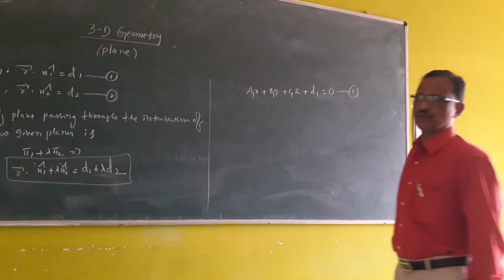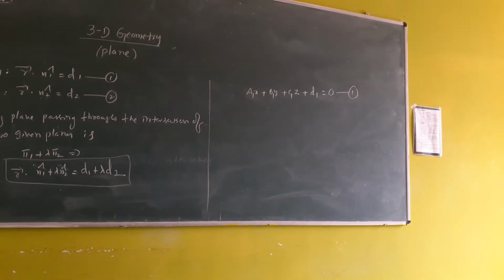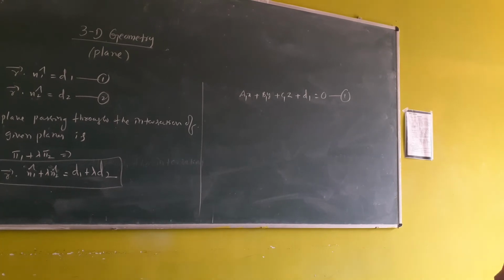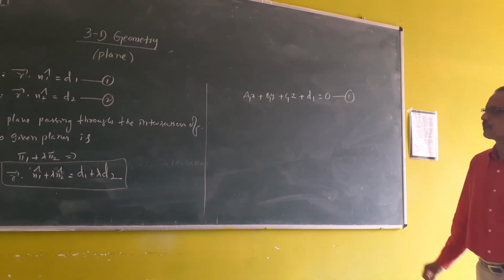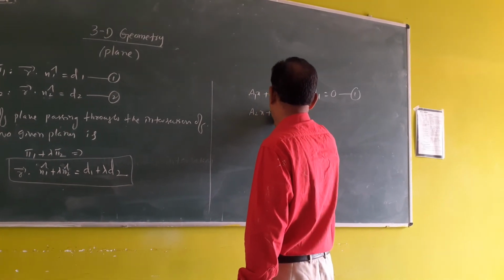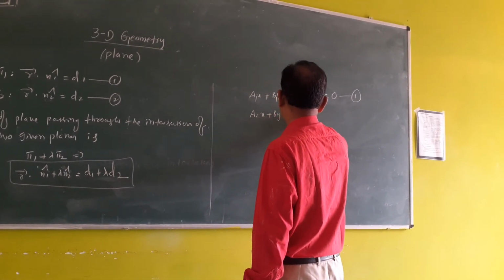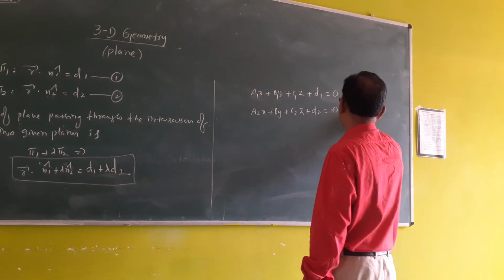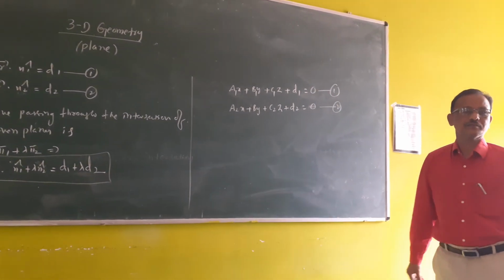This is the equation of the first plane. Next, the second plane equation: a2 x plus b2 y plus c2 z plus d2 equal to 0. This is the equation of the second plane.